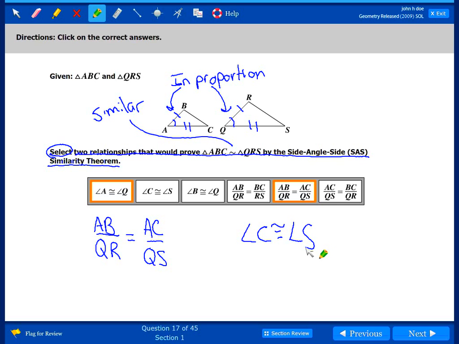So this time, if we had C and S, we would need BR to be over RS and AC to be over QS. Remember, the same triangles in the numerator, the same triangles in the denominator. Since we don't have that match up, that's not an option. That's just another potential answer that could be here, which isn't.